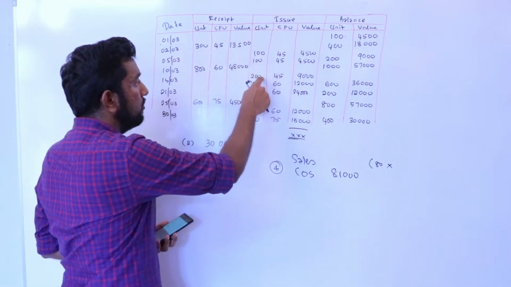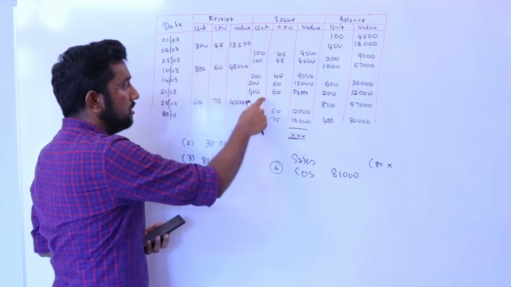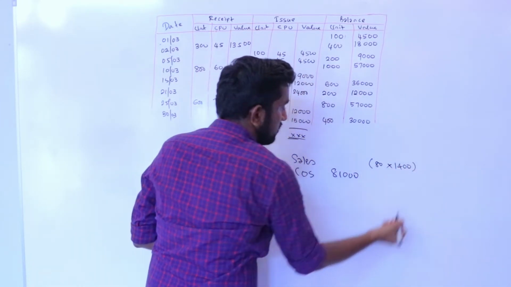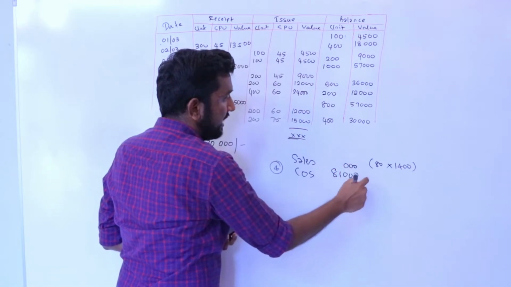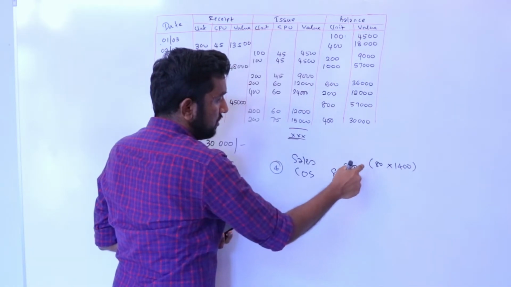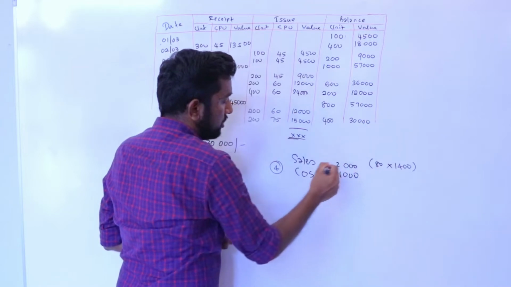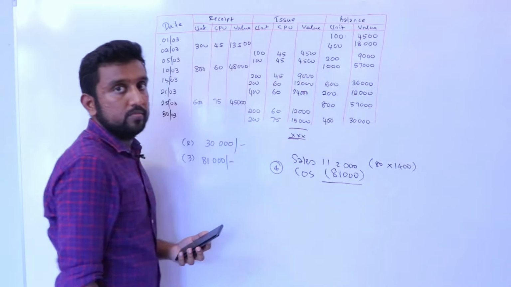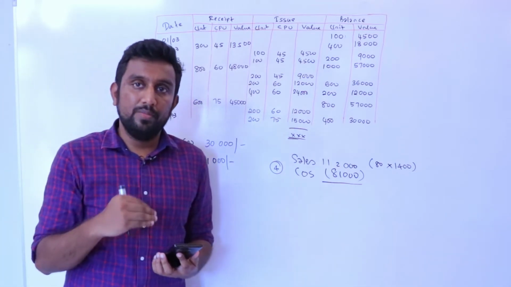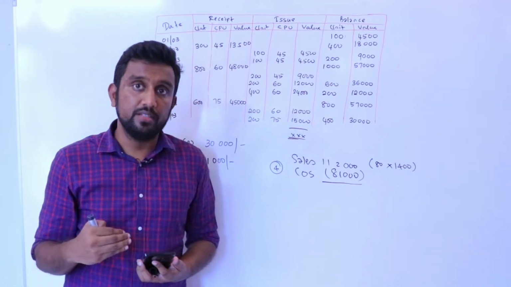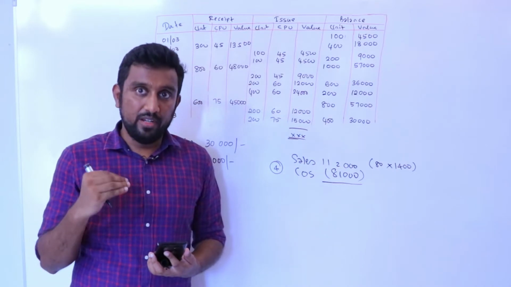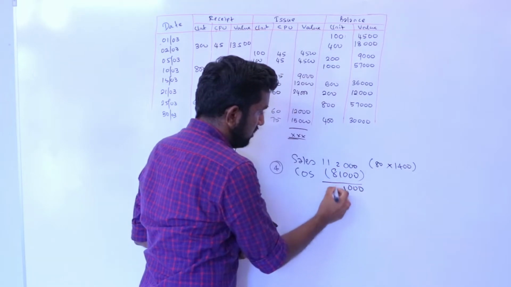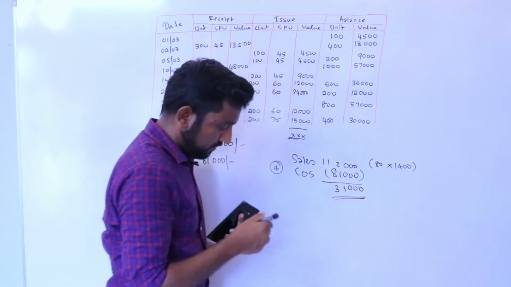So 200, 400, 600, 1000, 1200, 1400. So they sold 1200. So this is their sales. This is for the retail business, not for the manufacturing business. That point is very, very important, right? So I think it should be 31,000.